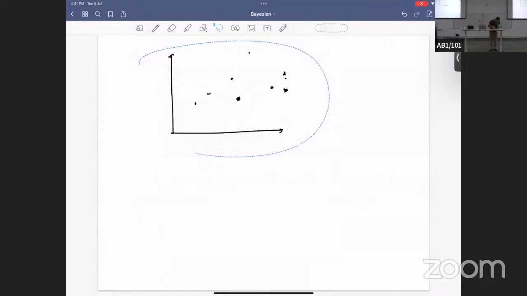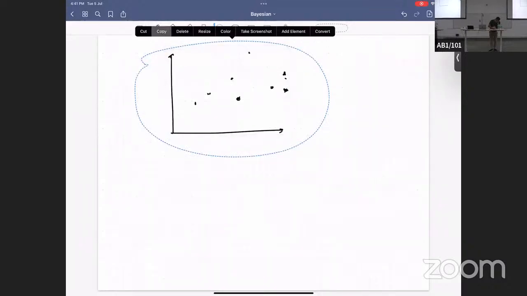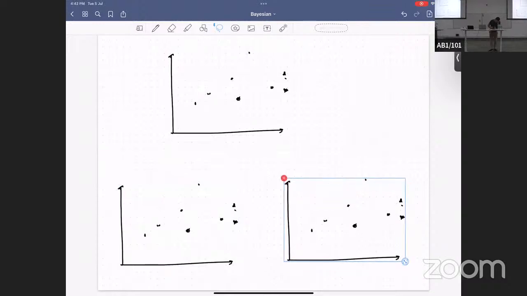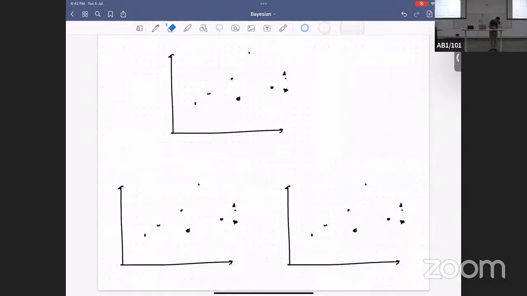So I'll create some copies of this data set. Right. So in the first copy, and I want you to see this carefully, I am maybe removing a couple of points.